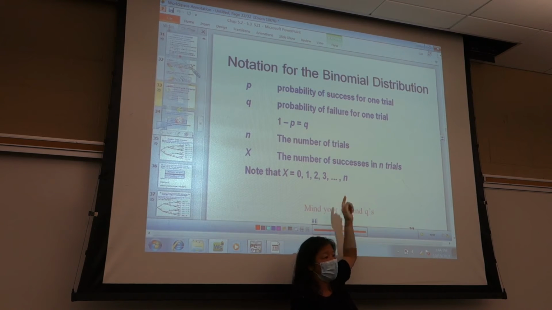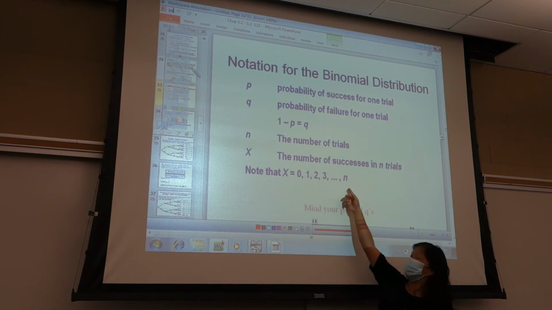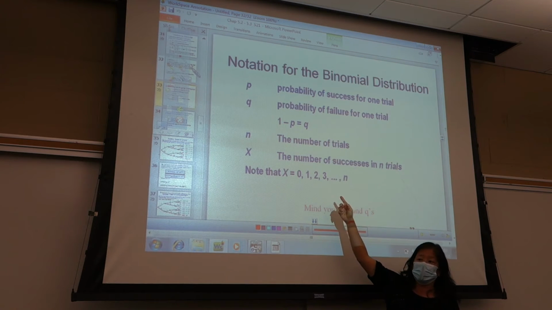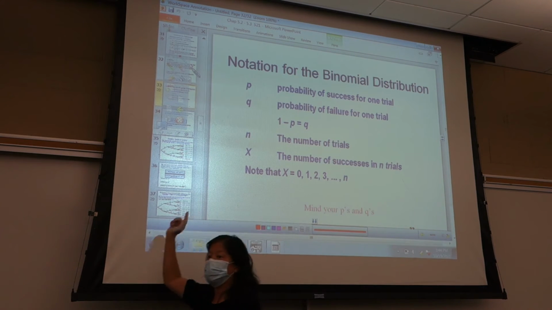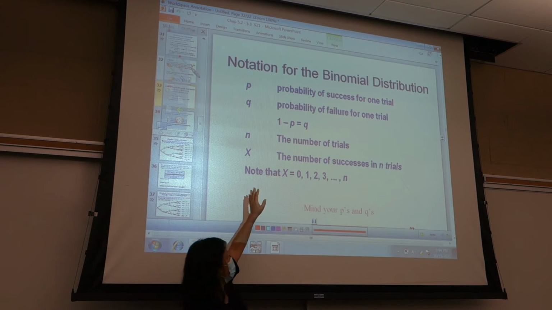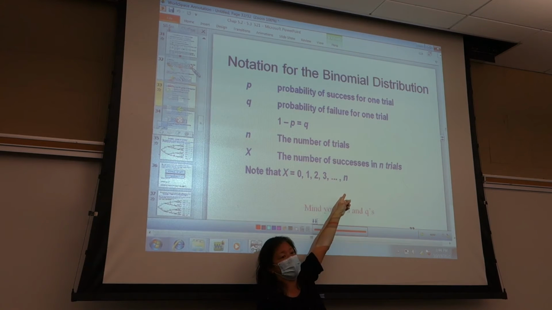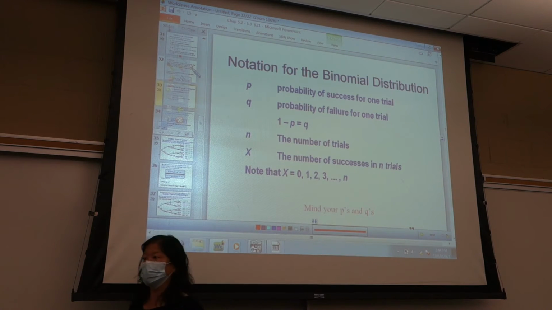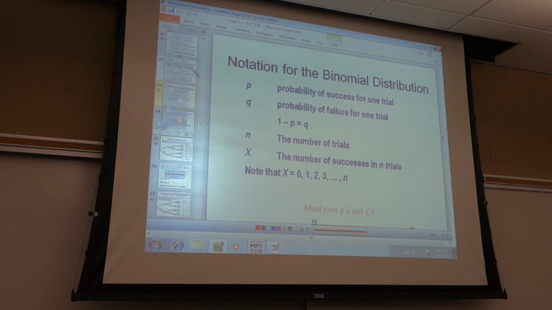But I could have anywhere from 0 up to N, how many times I do it. Do not forget 0. You could always have 0 successes. So your X could be any one of these numbers. So you can find the probability of any one of these things being true. The probability that you get 1 success, probably you get 2 successes, probably you get 3 heads, right? Those are all possibilities.